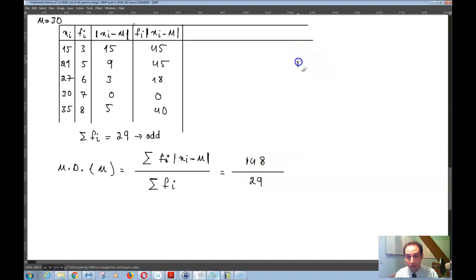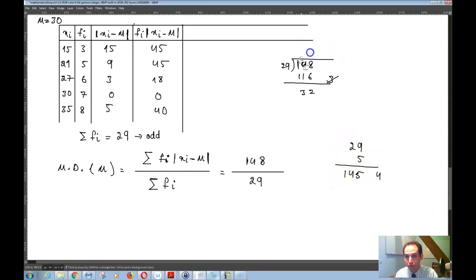So let's divide 148 by 29. Let's take it as 30. 5 times 6 is equal to 150. There's something wrong actually. 5 times 29, what is 5 times 29? 145.